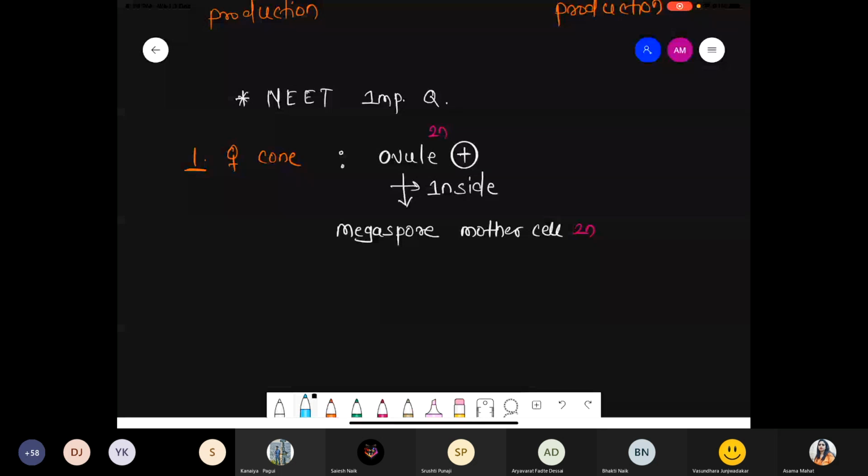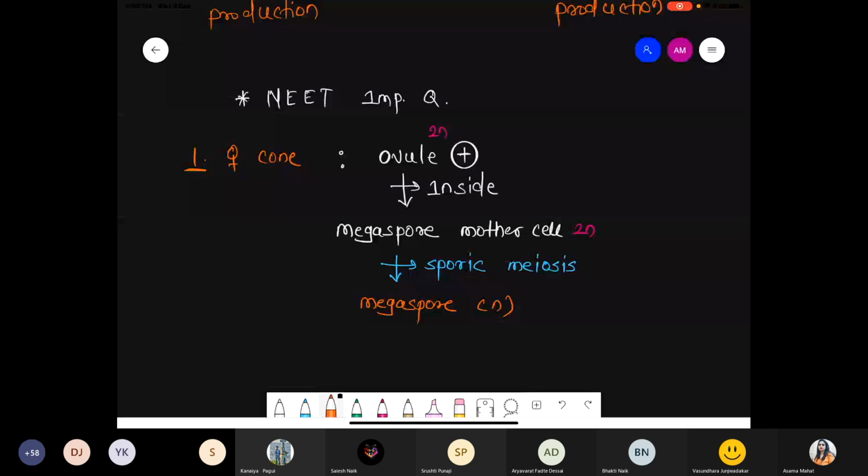This megaspore mother cell further undergoes the process of meiosis, and you know very well this meiosis process is simply called the sporic meiosis. Okay? After the sporic meiosis, there is a formation of the megaspore, and megaspores are haploid in nature. Got it?